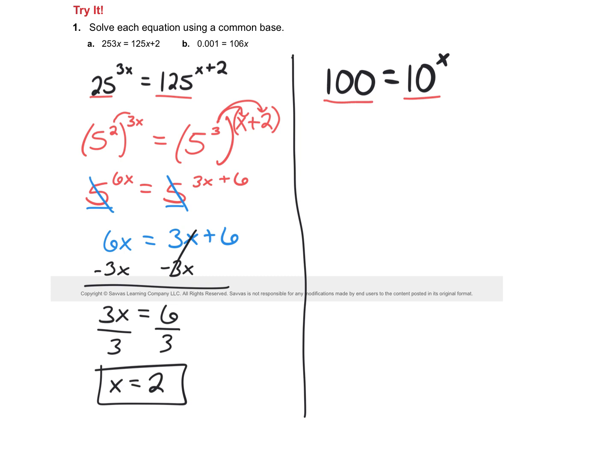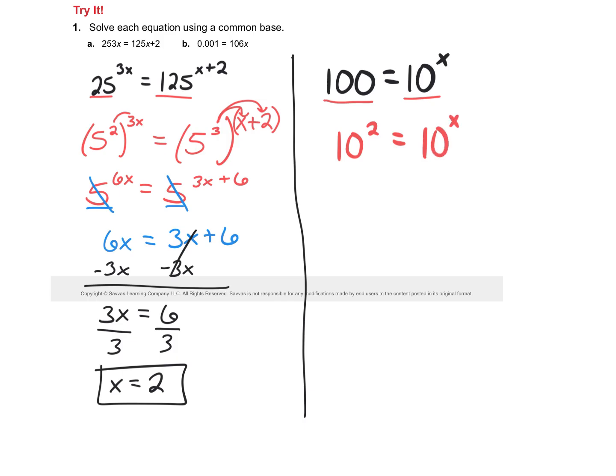What's its exponent right now? It's technically, it has that one exponent there. Okay, so 100 is a base. Can I turn 100 into base 10? How? Right, I can turn 100 into 10 squared, and then I still have 10 to the x on this side.